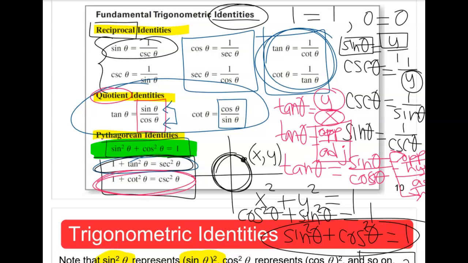Sine square of theta plus cosine square theta is equal to 1. And so that's the one that we're going to use, because on the problem, they are giving us the value of sine to start with. And so for us to find cosine, we're going to need one of those identities, and so it will be that one.